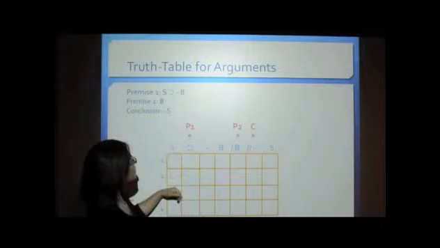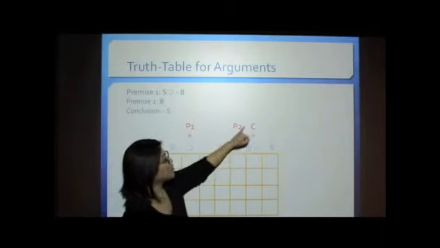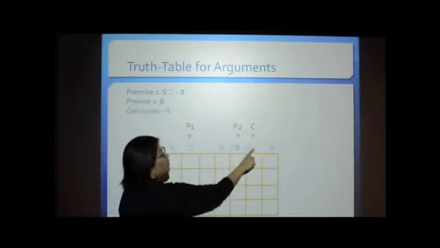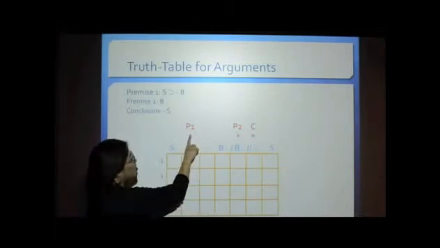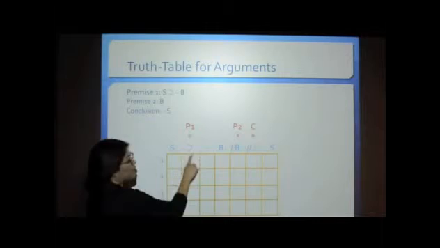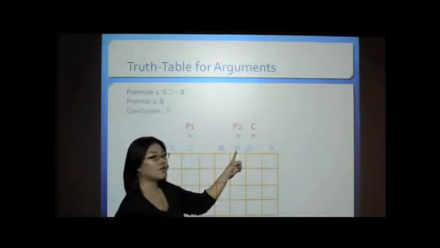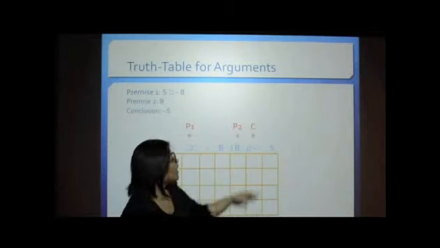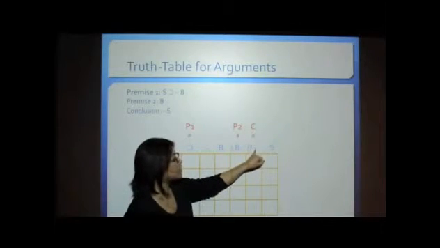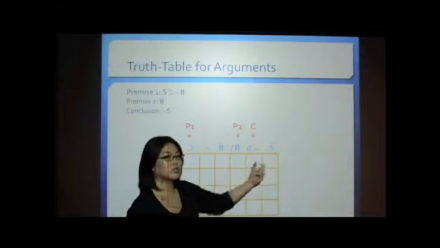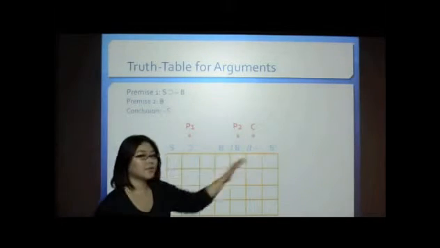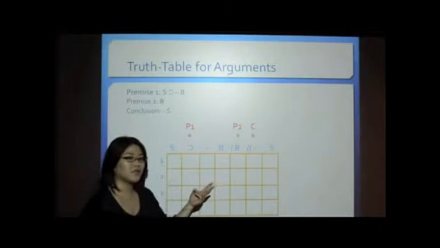So we've labeled each of these statements, P1, P2, and the conclusion, and we've also identified the main operator for each statement. So here we have the horseshoe being the main operator. Here we don't have a logical operator, so we simply have the B marked, okay? And then here we have the negation marked as the main operator for the conclusion, okay? So notice how here, among these statements, we also only have 2 distinct variables, okay?